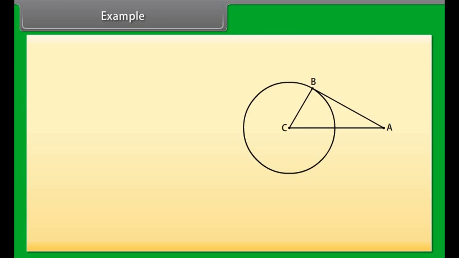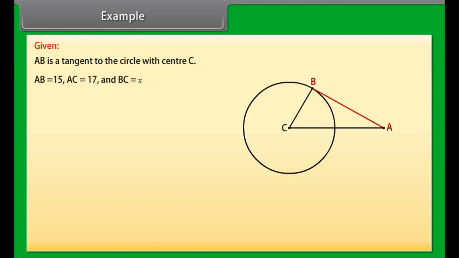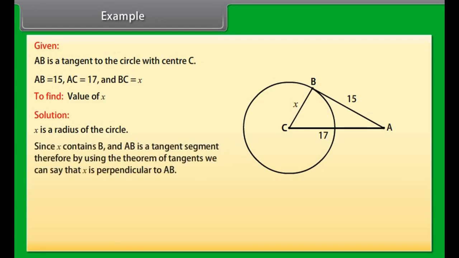Example. Now look at this figure. We can see that AB is a tangent to the circle with center C. AB is 15, AC is 17, and BC is X. We have to find the value of X. We can see that X is a radius of the circle. Since X contains B and AB is a tangent segment, by using the theorem of tangents, we can say that X is perpendicular to AB.